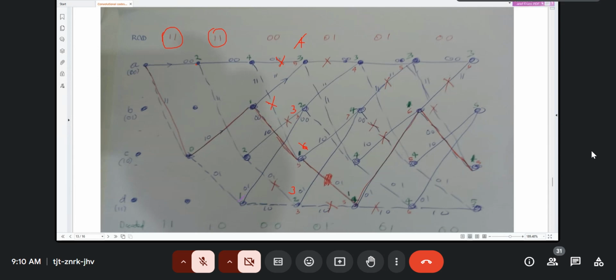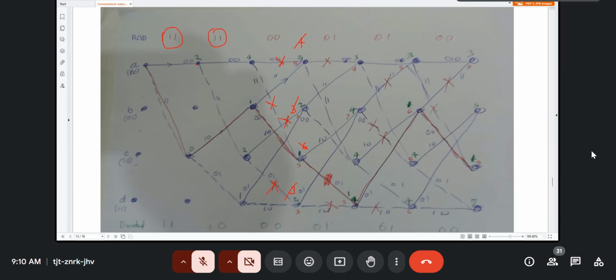Now here, we are still here 0, 0. If the output is 0, 1, the distance is 1. So this 1 plus 1, 2. It eliminates that and eliminates that part. See? Because here we are eliminating parts. Now this was 2, it became 3, but this was 1. This distance is 1. 1 plus 1 is 2, so it eliminates the 3 and eliminates that part.